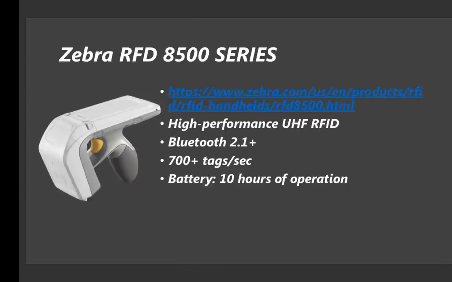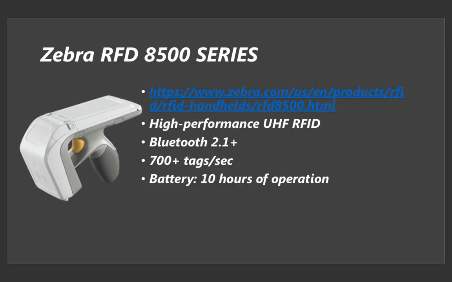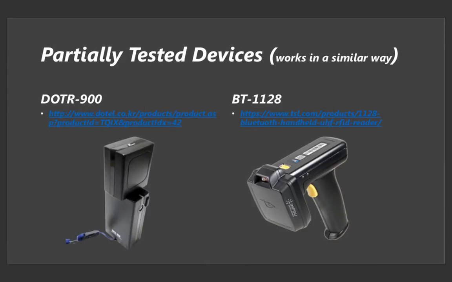Let me go back to the presentation because we have here two other models that were partially tested. They are not in operation right now, but they were tested in some way, and they work. They work in a very similar way to the Zebra device. The integration mechanism is exactly the same, just the language or the commands they send and the way they respond to these commands are a little bit different.